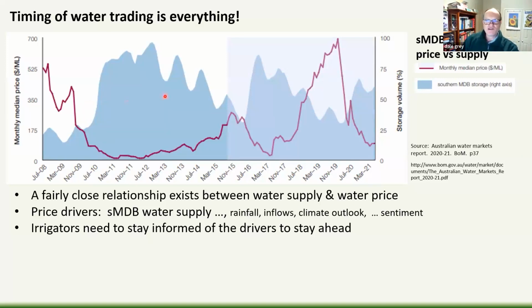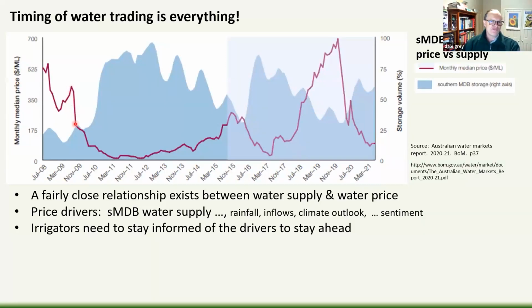We can see here the blue is just the Southern MDB storage amount, volume in percentage. And we've got years going back, so coming out of the millennium drought, pricing in purple. So low amount, higher pricing, not rocket science there.